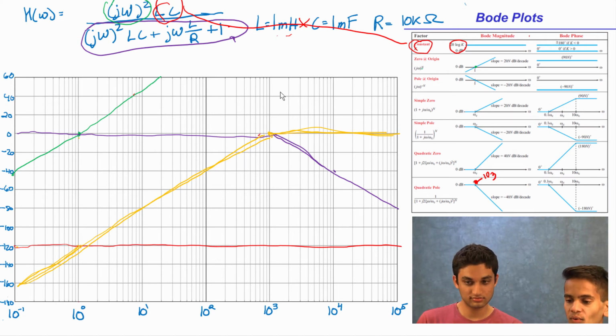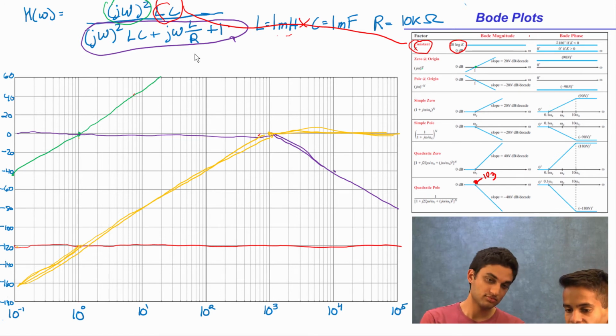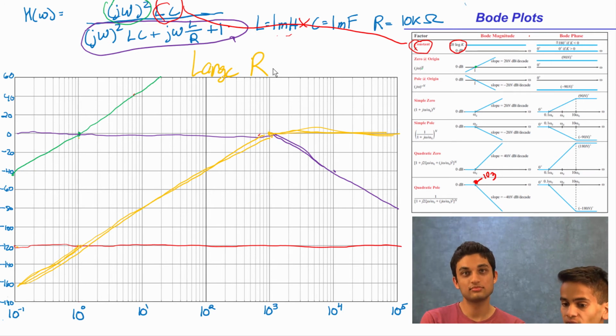Well, why this is an approximation is that we have a sort of resonance at the cutoff frequency. What's happening is that the capacitor and the inductor in the original circuit are in phase with each other, and they're causing distortions. So what actually might happen if we have large R is going to be our yellow curve.